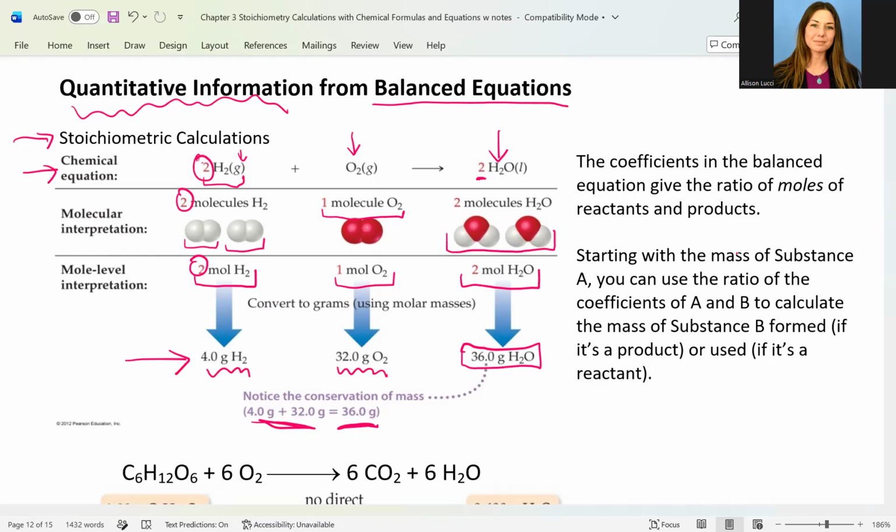So this ratio in the balanced equation tells us the moles of our reactants and products. And if we are given a starting material and we're told what molar ratio we have in an equation, we can predict how many moles of product we make, for example.